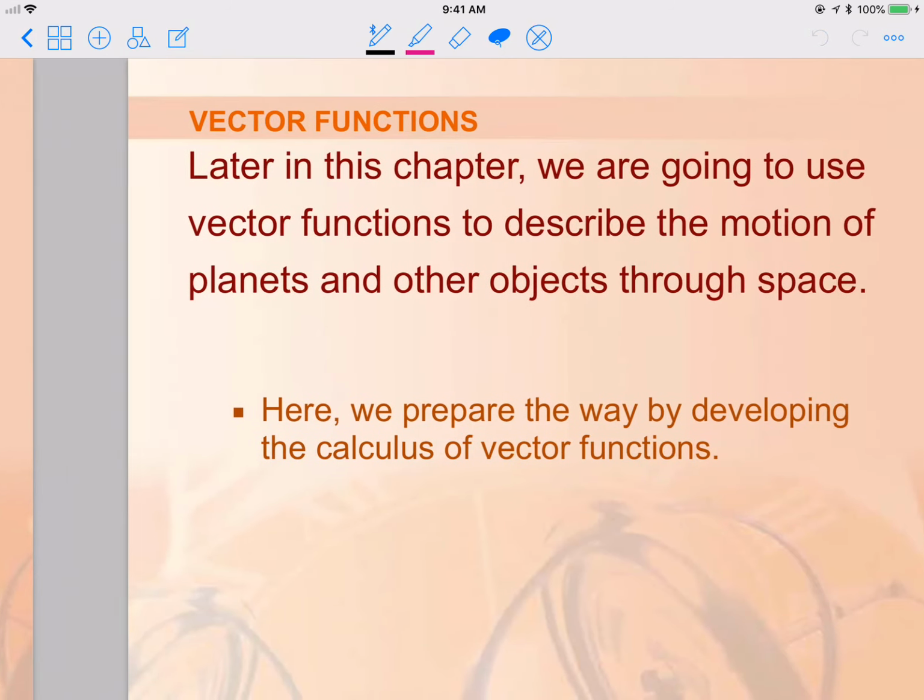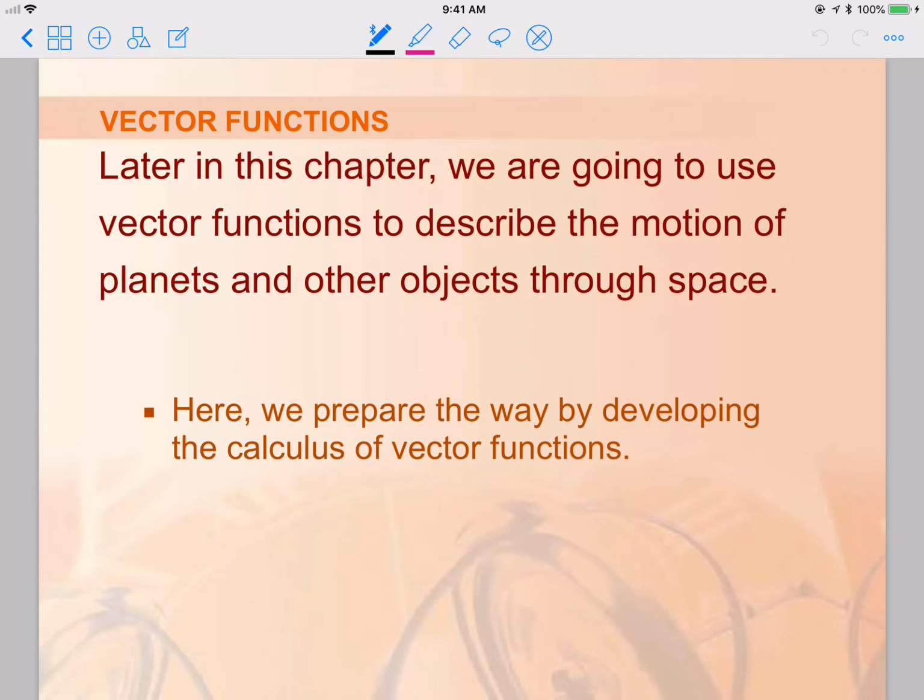Okay, so I wanted to quickly review some of the topics that we talked about last time. Basically, we are focusing on using vector functions to describe the motion of various vectors based on time.